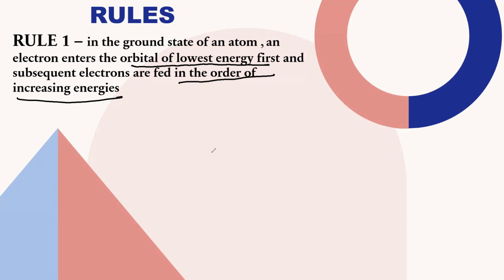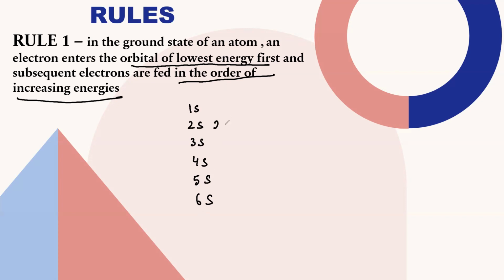Now how do we know the energies of the orbitals? The sequence can be easily remembered by a schematic diagram, and I will draw that diagram for you. So just listen carefully to how I draw the diagram. Just draw 1s, 2s, 3s, 4s, 5s, 6s, and so on.